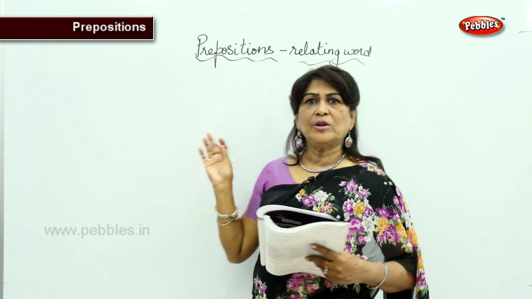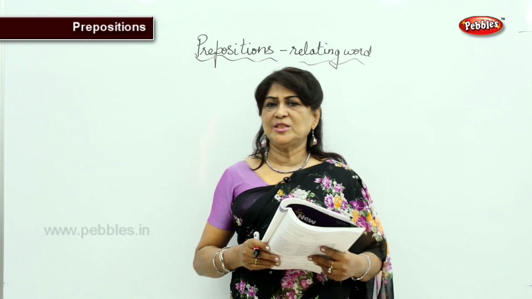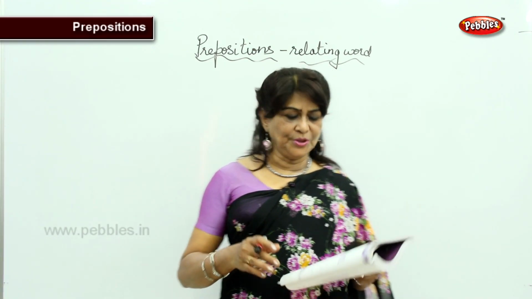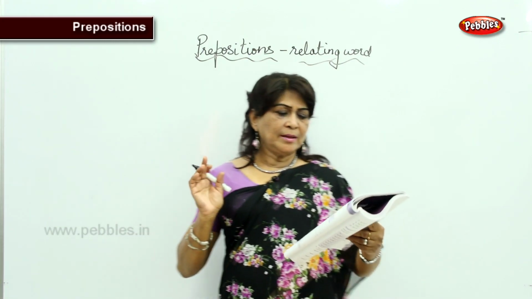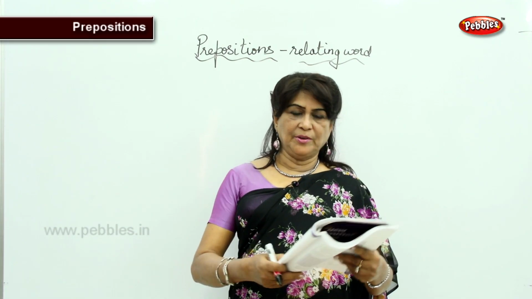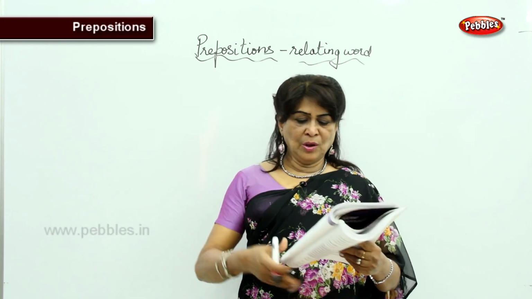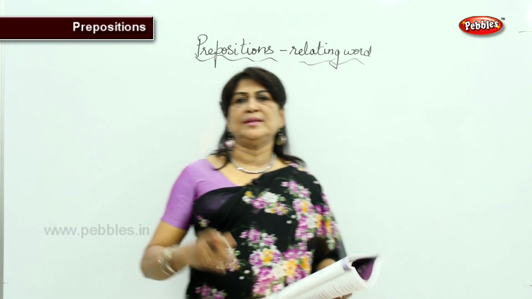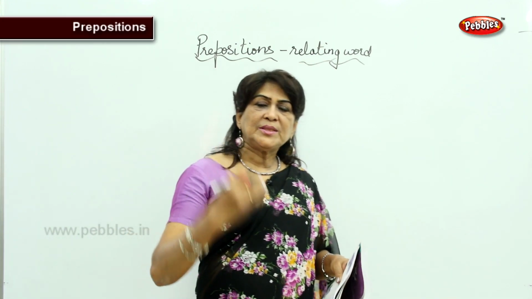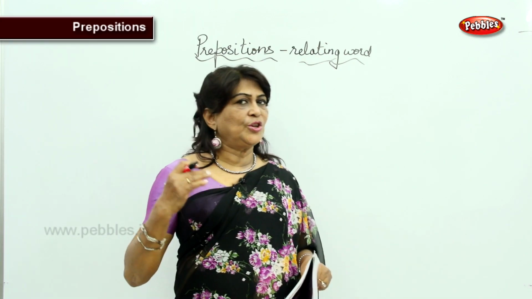I have taught you three different kinds of prepositions and what prepositions are also you have seen. So, prepositions of place we are going to see now, and how to fill in the blanks we will see. We are going to see preposition of place and preposition of time.